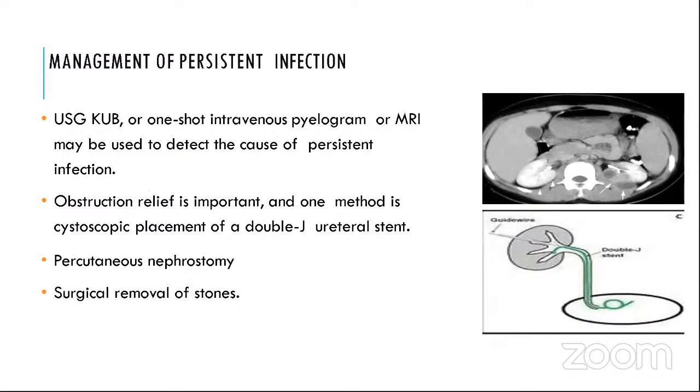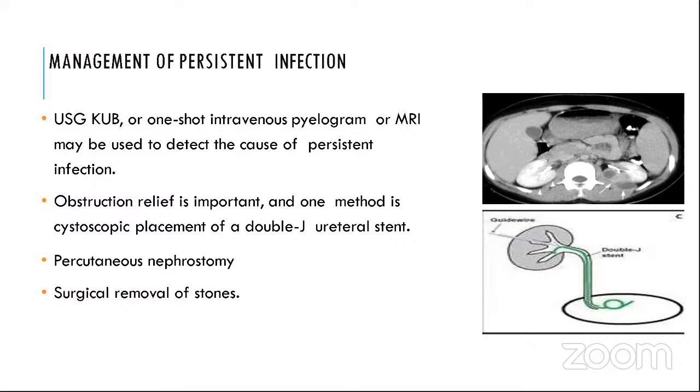Management of persistent infection: we should make some investigation like X-ray of kidney, ureter, bladder, or if possible, one shot intravenous pyelogram or MRI. Nowadays, these advanced tests are done.